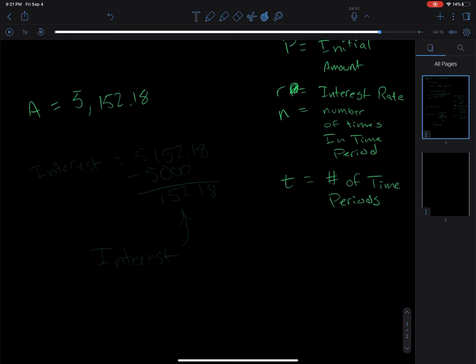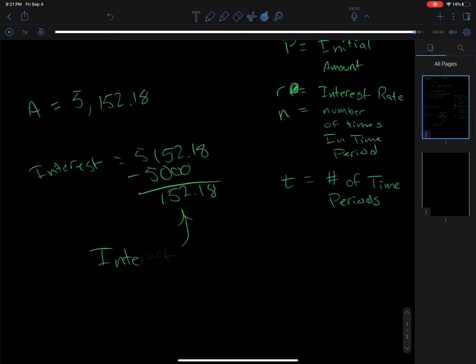So now, if we want to find interest alone, we would take that $5,152.18 and subtract $5,000, giving us $152.18. And that is the interest. I don't know how to spell it, something. You get my point.